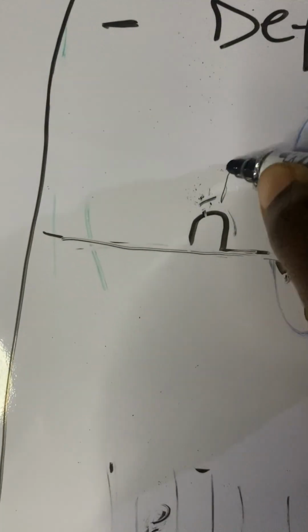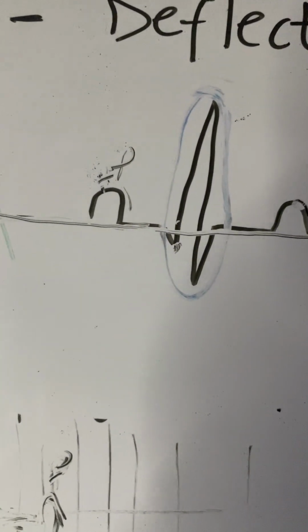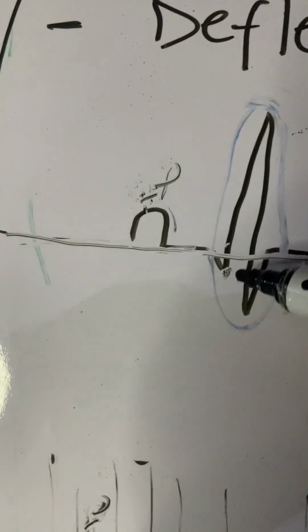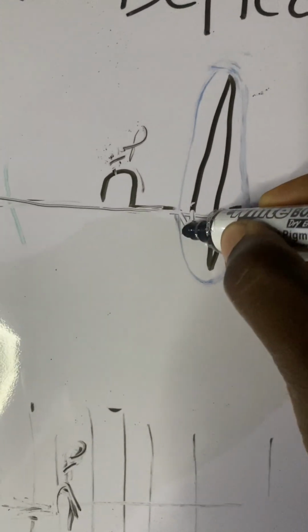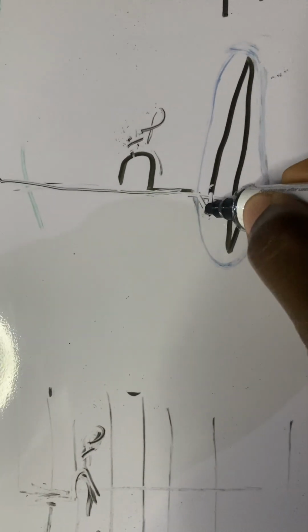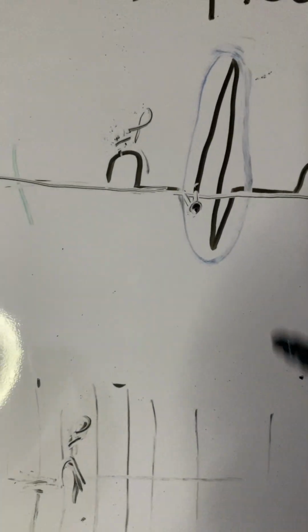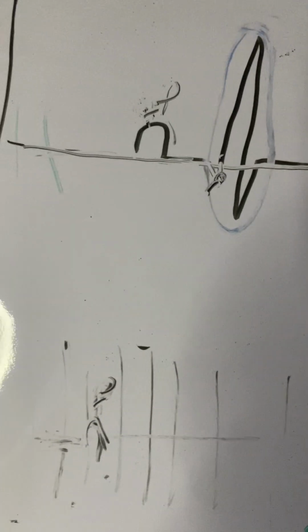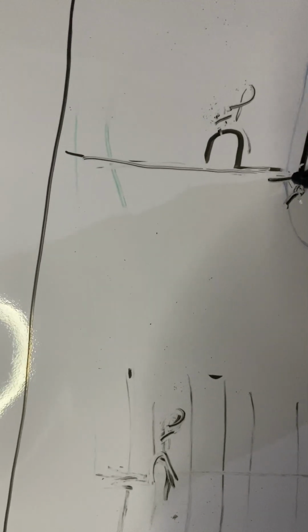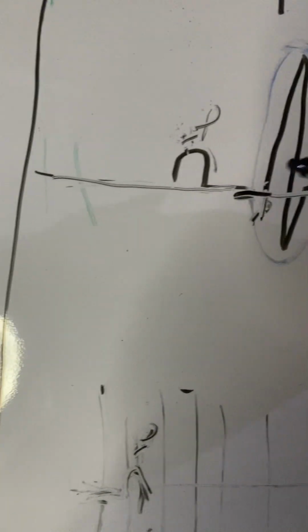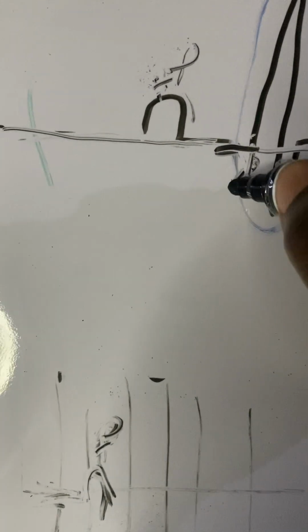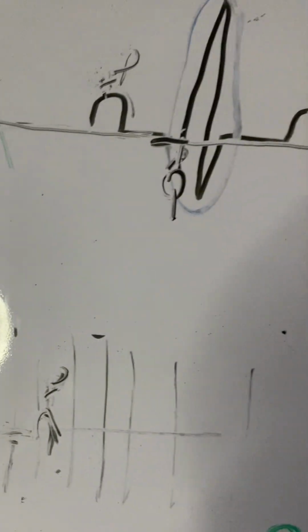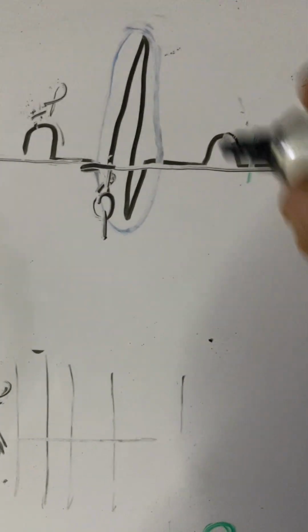Once you know your P, you know that what follows the P is a Q. The Q is a negative deflection. So the first negative deflection you get is your Q. This place, because it is below the isoelectric line, is negative and it is Q. Then your R comes.